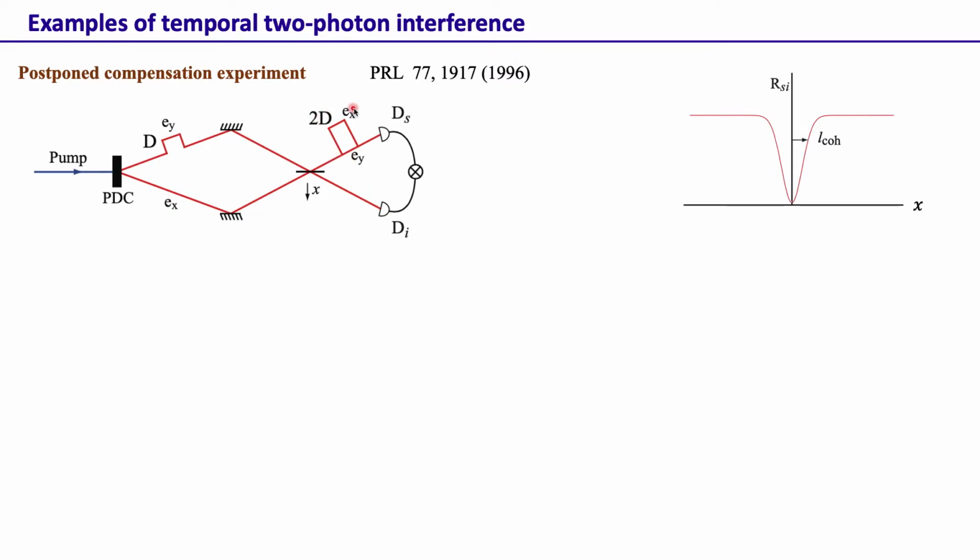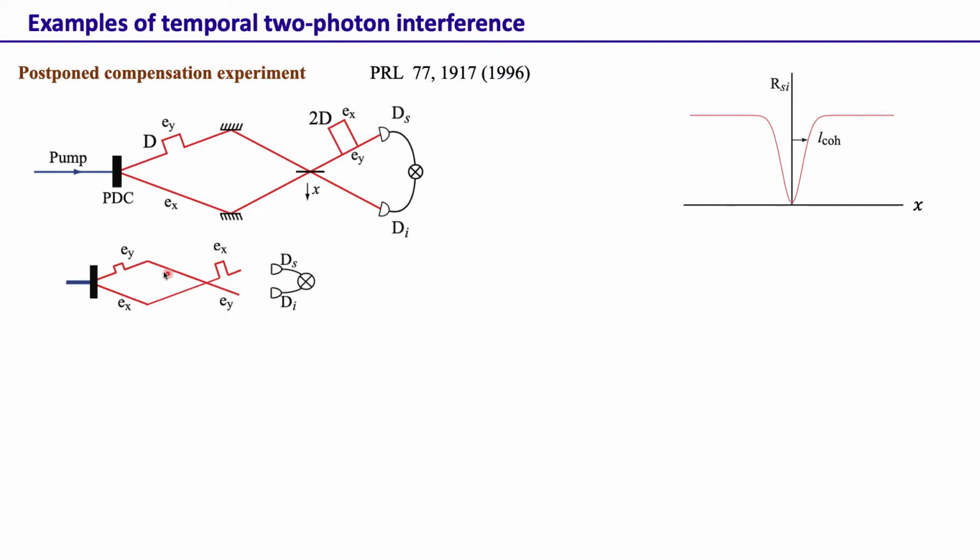The delay was introduced in such a manner that if an X polarized photon comes in, it will see a delay of 2D, but if a Y polarized photon comes in, it won't see any delay. So for this experiment, if we observe any coincidence, that can happen in two different alternative ways.